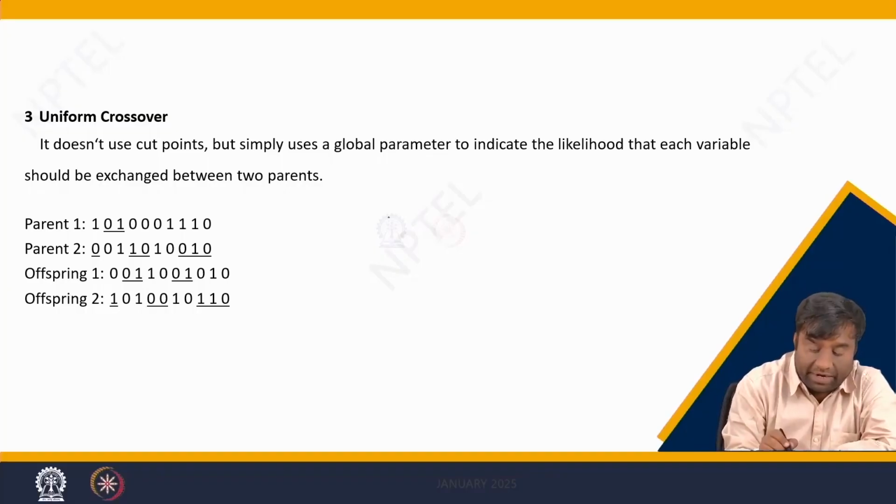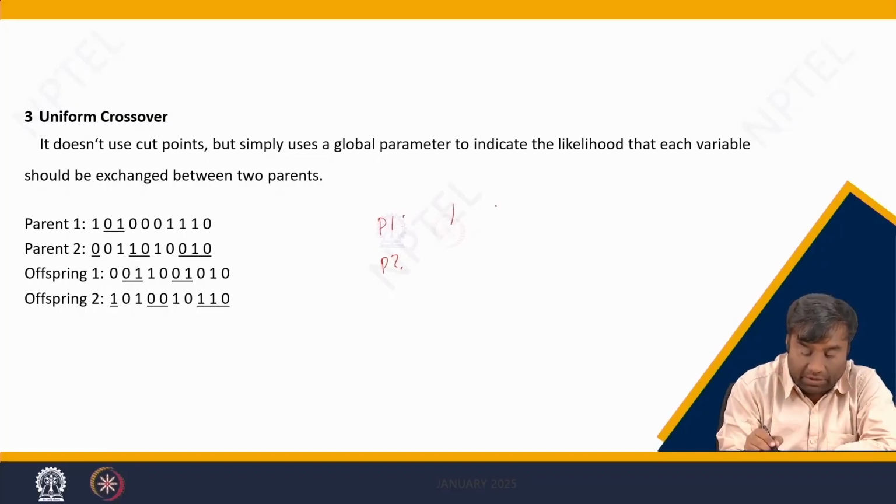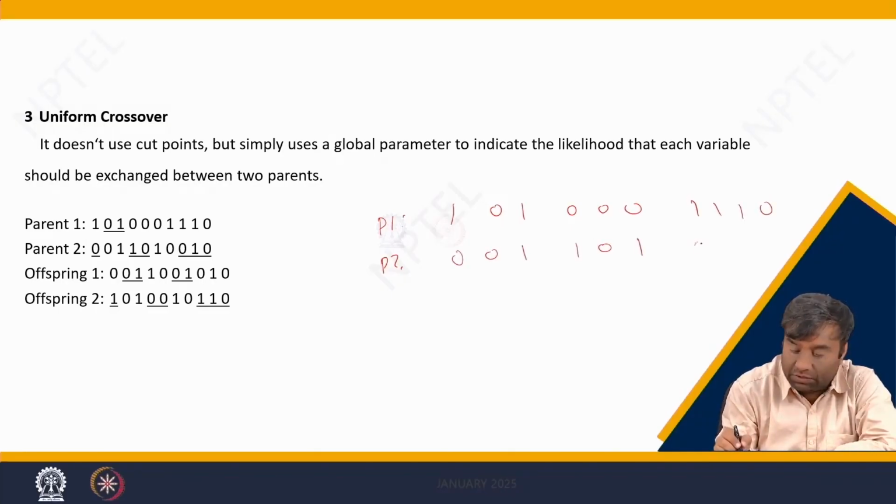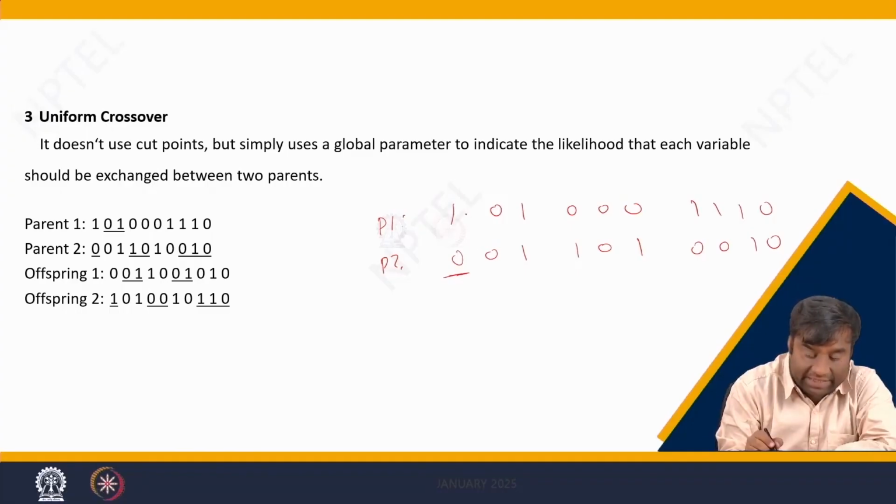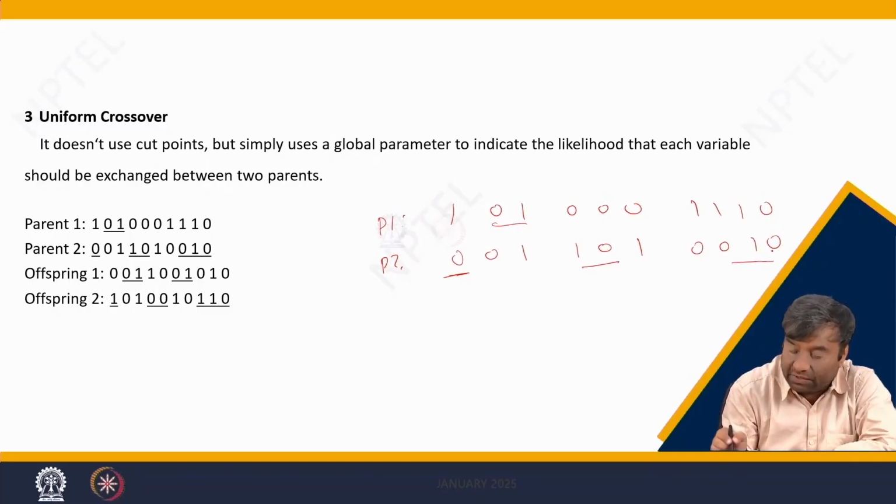Now parent 1 is 1 0 1 0 0 0 1 1 1 0. Parent 2 is 0 0 1 1 0 1 0 0 1 0. The underlines represent where we will exchange: here, here, and here.